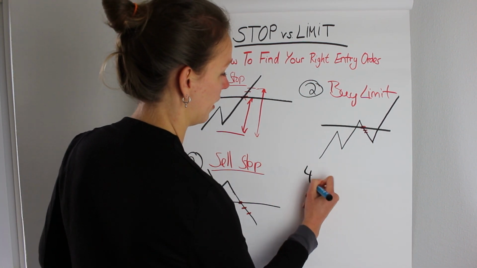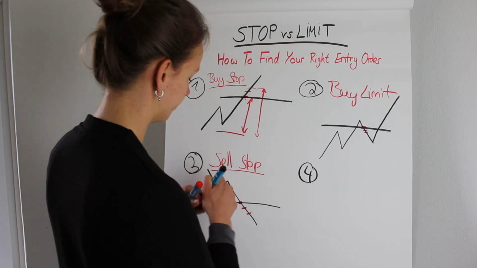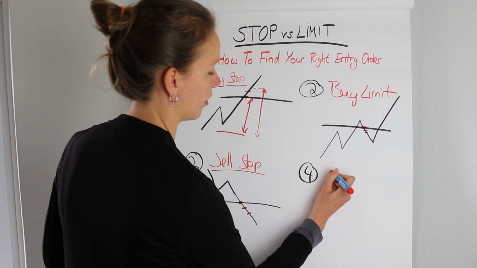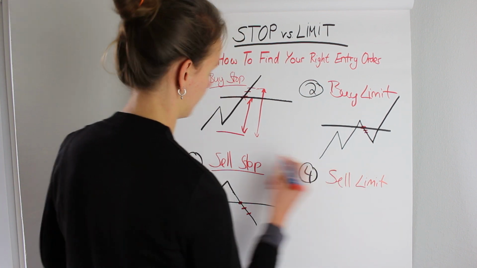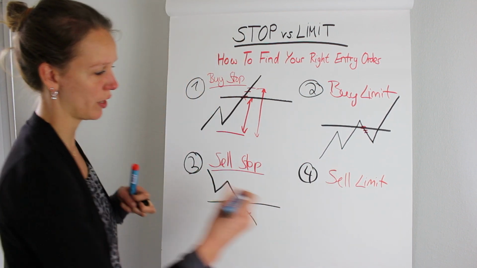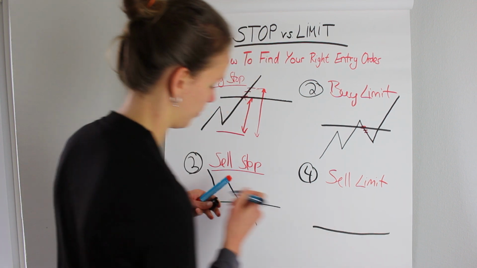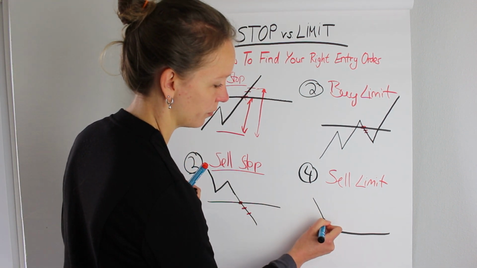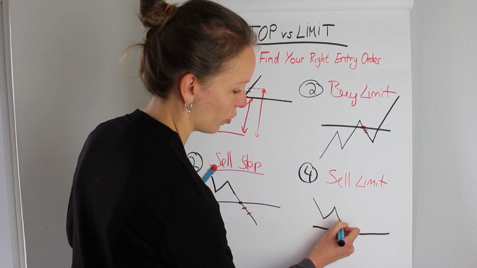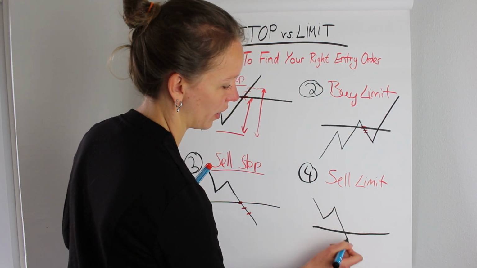And our last option, of course, the sell limit. In this case, we want to enter the market right at this point. The market is coming down, but at this point we don't enter the market.